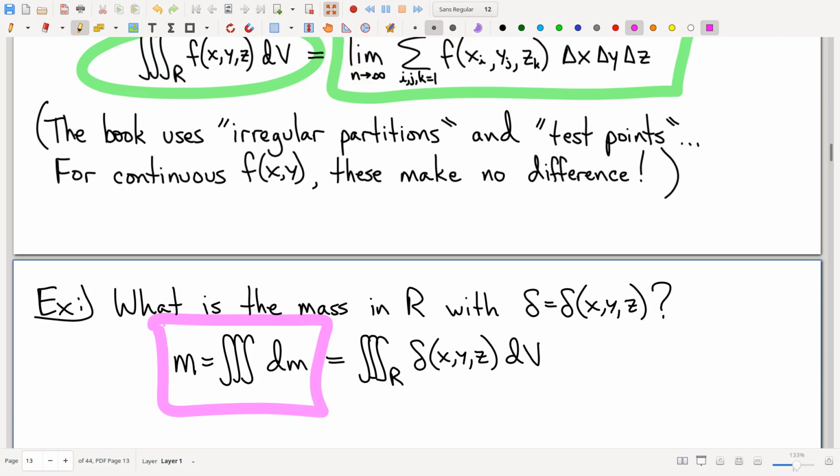Secondly, on any little piece, I can talk about how the amount of mass in that little piece relates to the volume. And in fact, this is a very common means of talking about how mass is distributed. We talk about density as being mass per unit volume. And of course, mass per unit volume is the thing you multiply by volume to get mass.